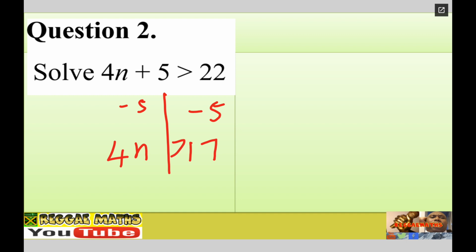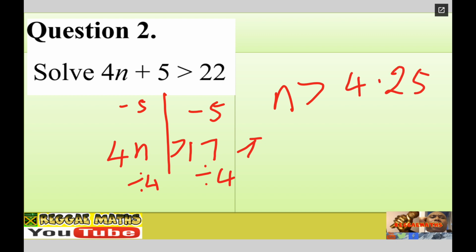Keep the sign, then divide by 4. So on this side you're going to have n is greater than 4.25. So n is greater than 4.25.